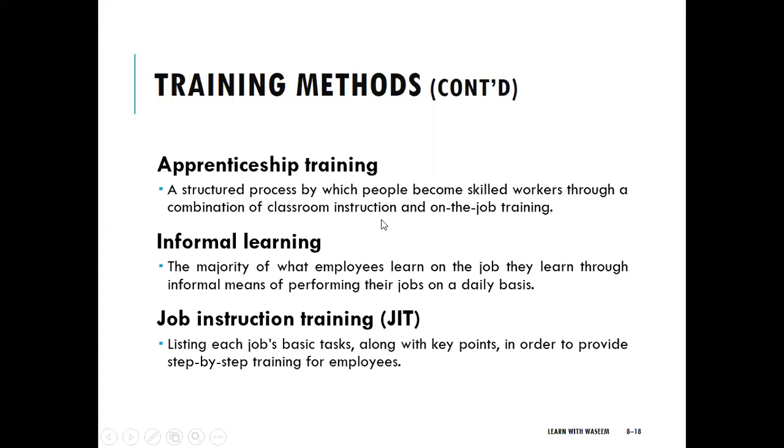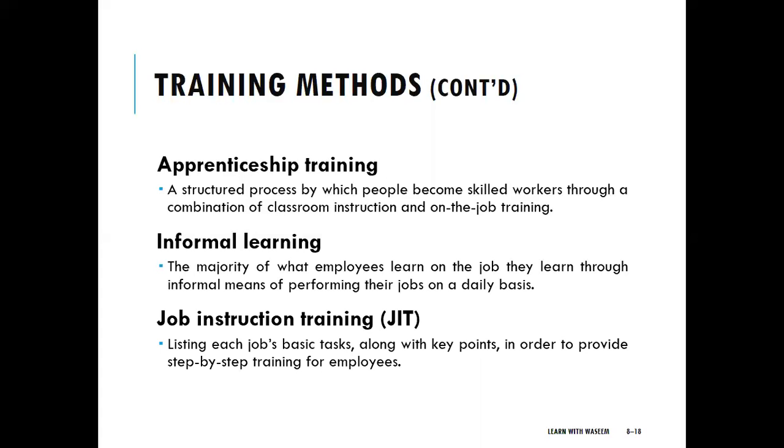Okay, job instruction training. Many jobs or parts of jobs consist of a sequence of steps that one best learns step by step. Such step by step training is called job instruction training. First, list the job's required steps, each in its proper sequence.